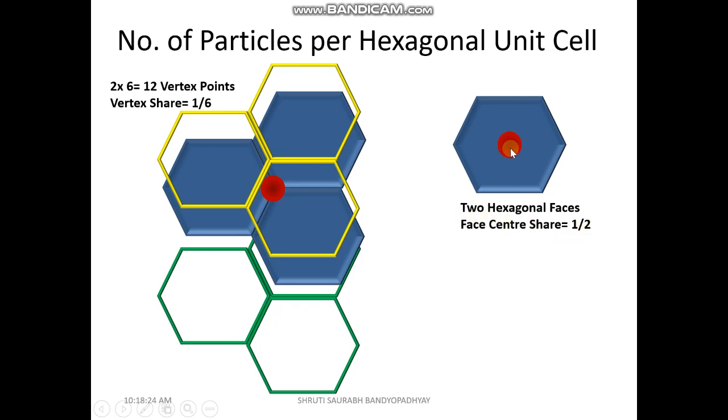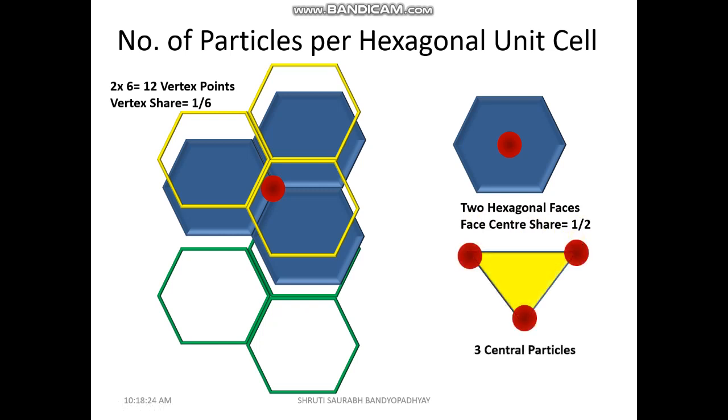Why half? Because this particle is divided into 2 layers. One is this layer, another is the layer above, suppose this yellow layer. So 2 hexagonal faces and face center share is half. Total contribution will be 2 multiplied by half.